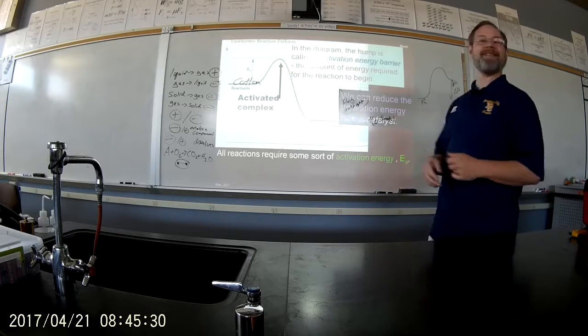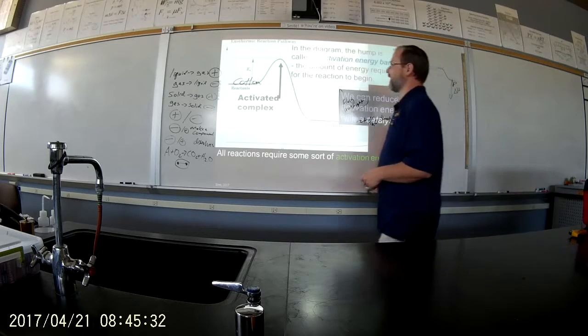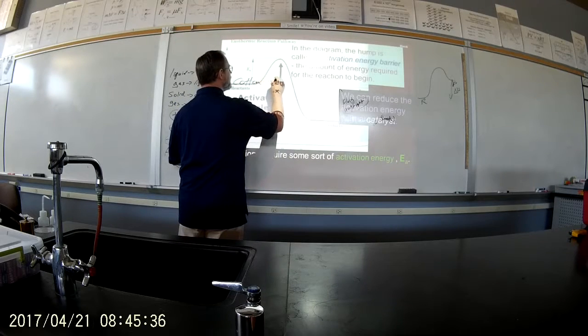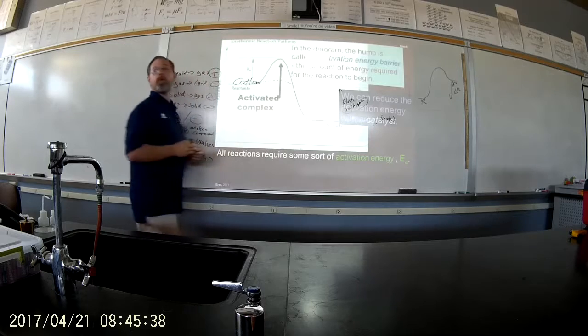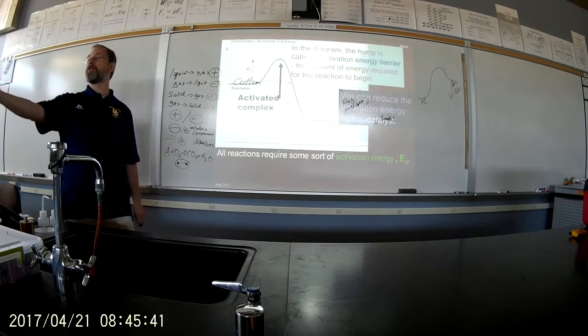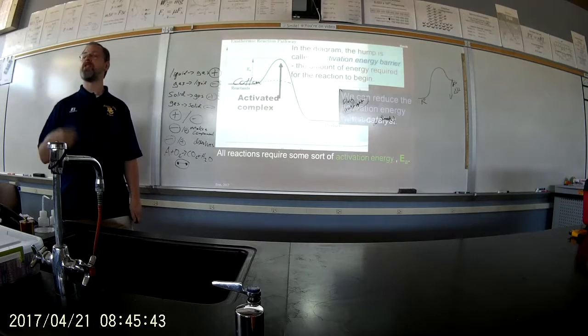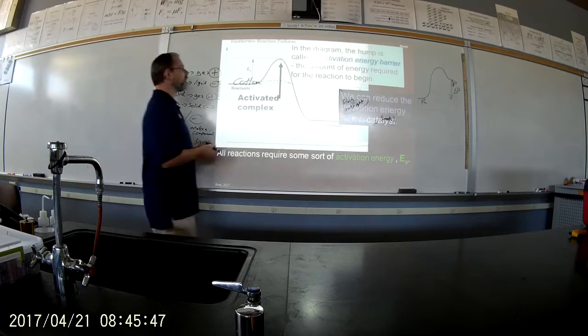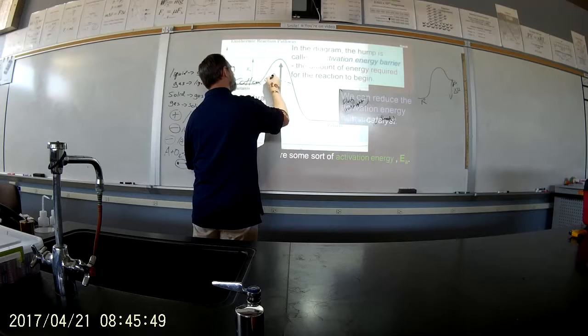What a catalyst does is it reduces the hump, making the reaction require less energy to get going, so it starts the reaction in many cases, and sometimes it speeds up the reaction. So a catalyst reduces the activation energy required by reducing the little hump.